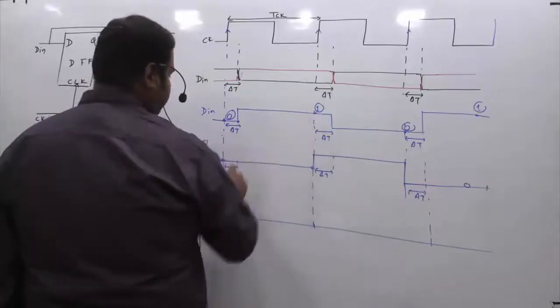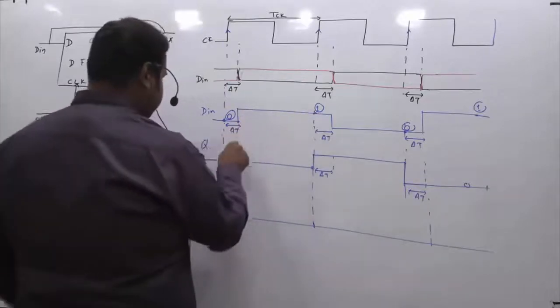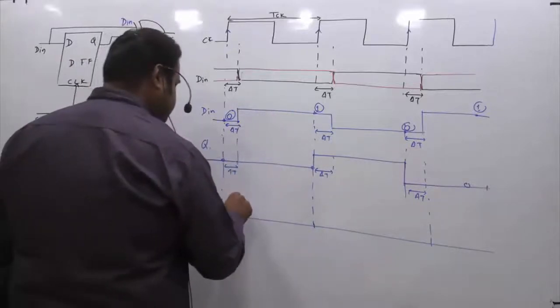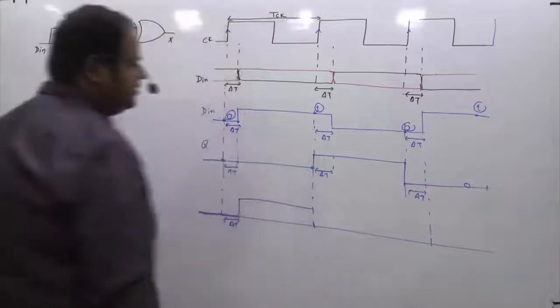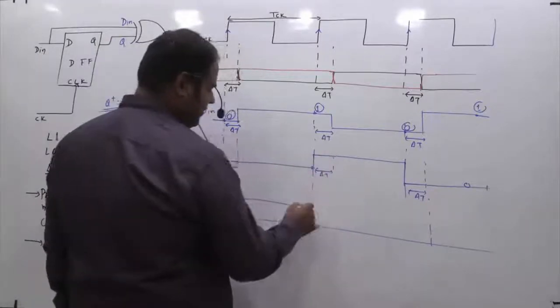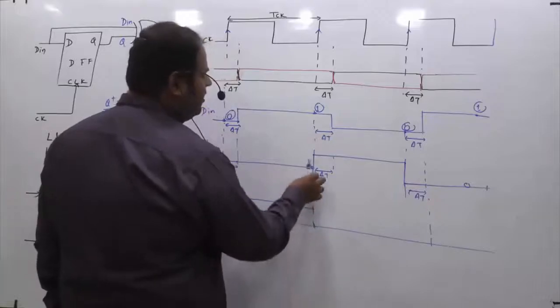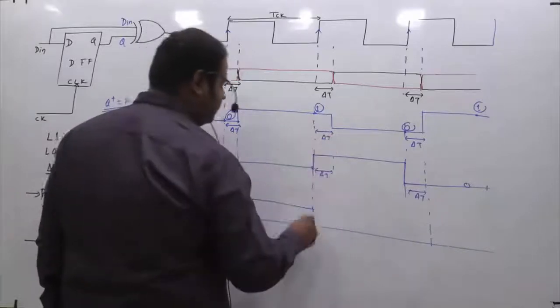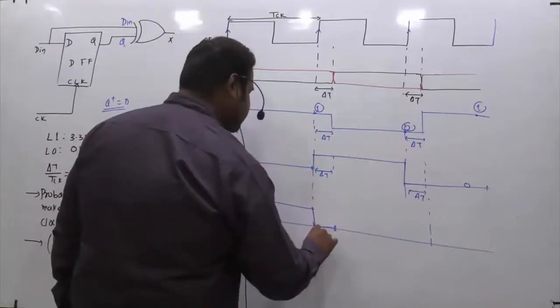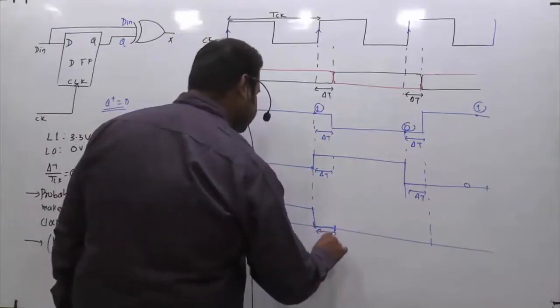Now from this point to this point, this is 0. However, this is 1, right? From this point to this point, this is 1 and this is 0. So 1 XOR 0 is 1. Then from here to here, this is 1 and this is 1. So 1 XOR 1, you get 0. This gap is again delta t.